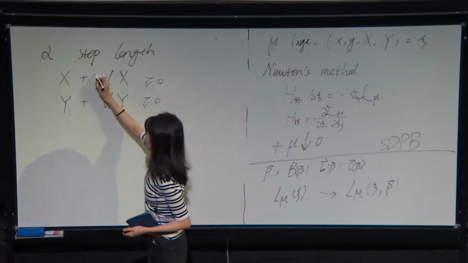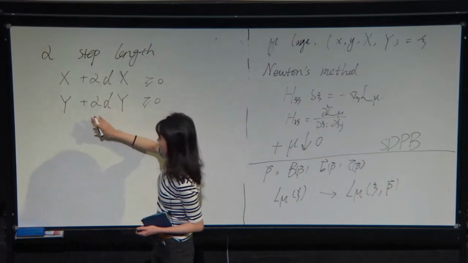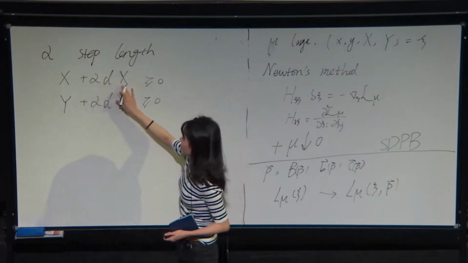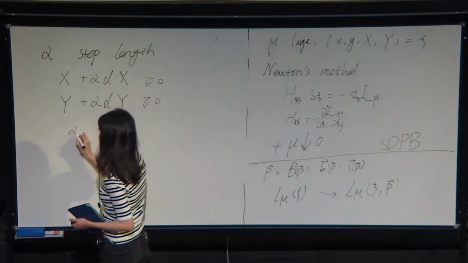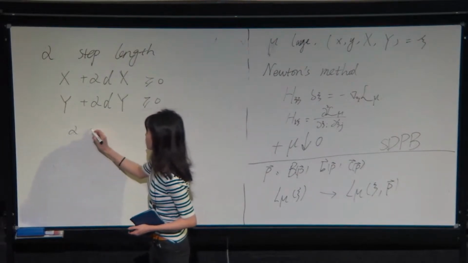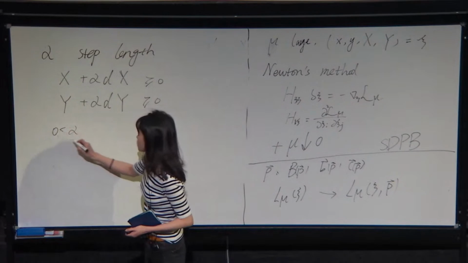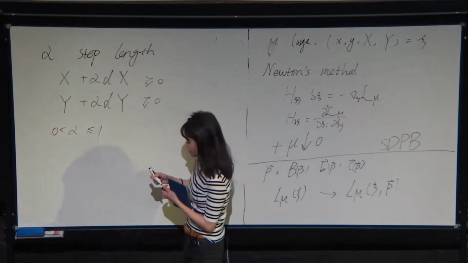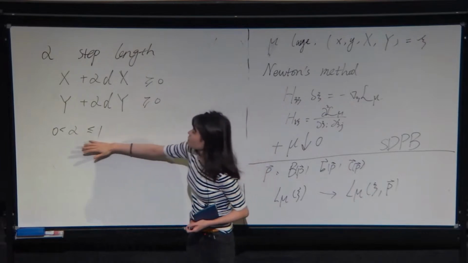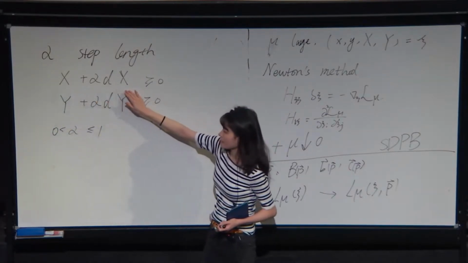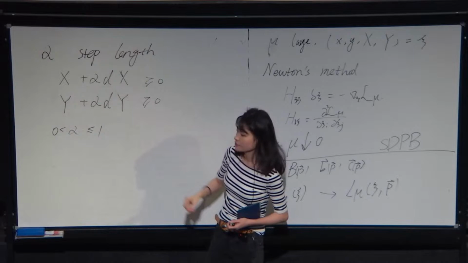So what alpha does is scale down, if necessary, the steps we calculate from Newton's method. This alpha will be greater than 0 and less than or equal to 1, so that we ensure the updated X and Y remain positive.